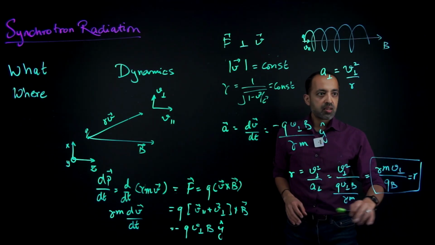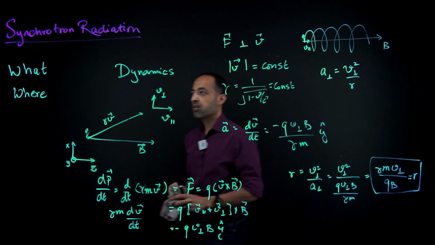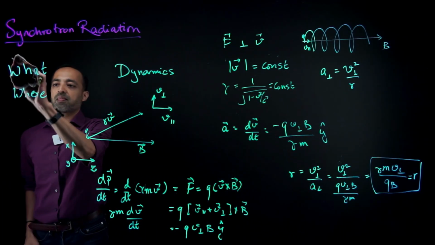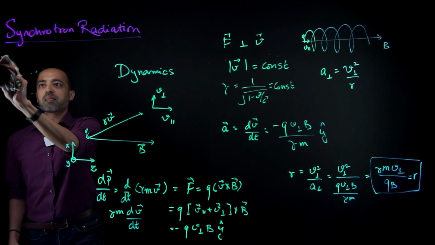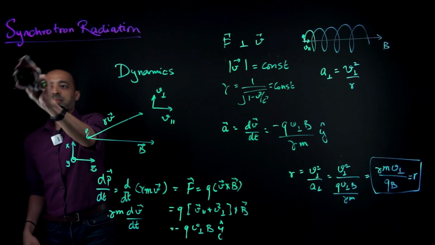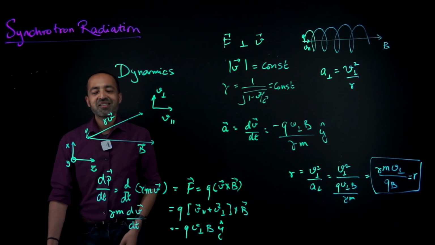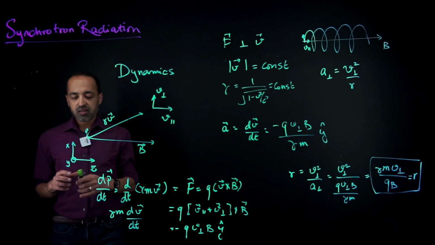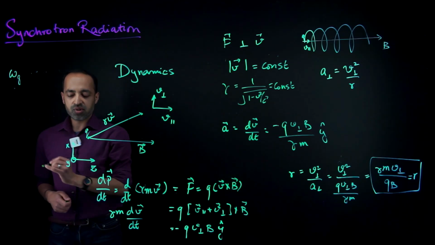Now, corresponding to this radius, there is a gyro frequency. So I'm just going to move that over here. This gyro frequency is called different things or has different symbols. I'm going to call that omega g for gyro.